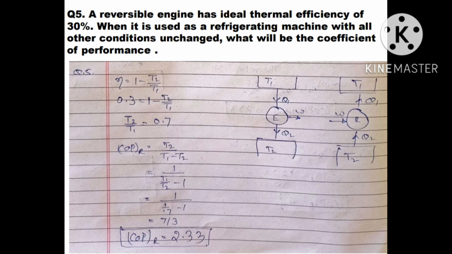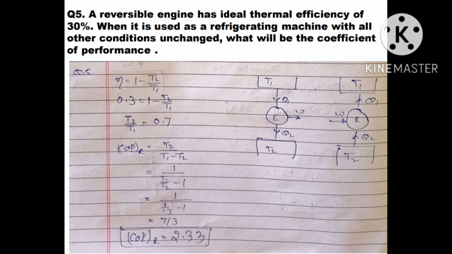Now one more question is there. A reversible engine has ideal thermal efficiency of 30%. Again, it is a reversible engine whose efficiency is given as 30%. We know efficiency equal to 1 minus T2 by T1, which is given as 30%.